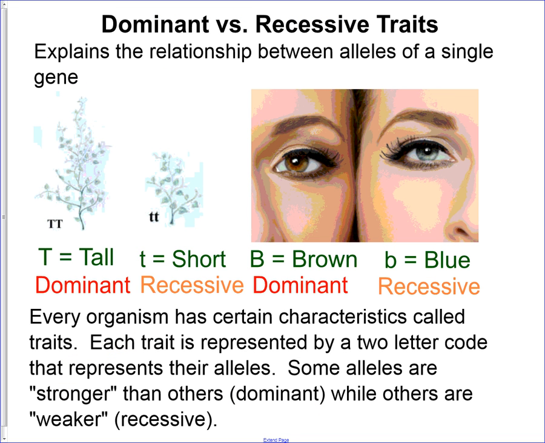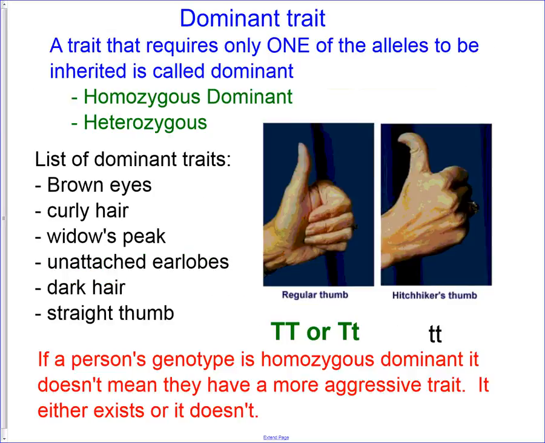And that kind of gets at the heart of what a dominant and recessive allele is. Every organism has traits, and they're each represented by that 2-letter code, the genotype. Some alleles are quote-unquote stronger, and we call those dominant, while others are weaker. So the definition of a dominant trait is a trait that requires only one of the alleles to be inherited, and that will cause the dominant phenotype.